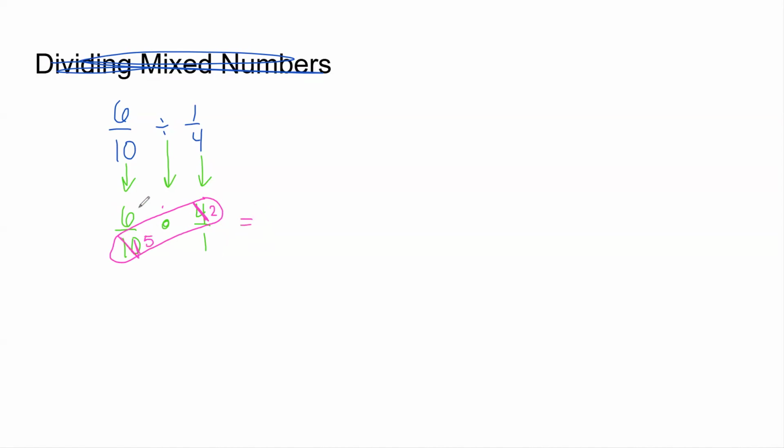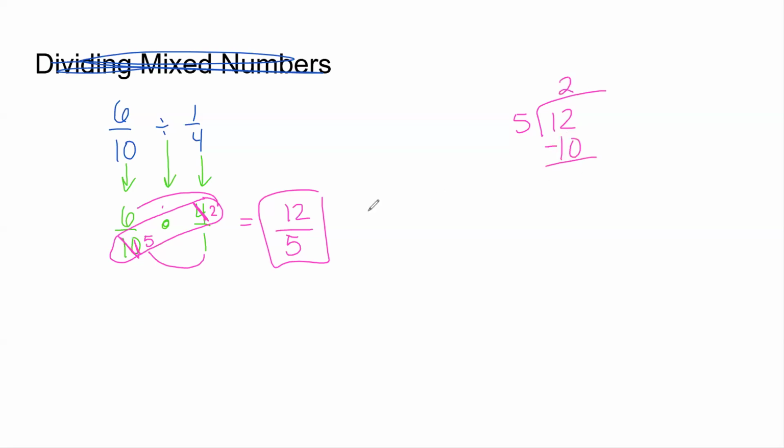Now you can go across the top. 6 times 2 is 12. And across the bottom, 5 times 1 is 5. Answer, if you can leave it improper, or 2 2/5 if you have to convert. So it still works because all division is going to turn to multiplication with our keep, change, flip.